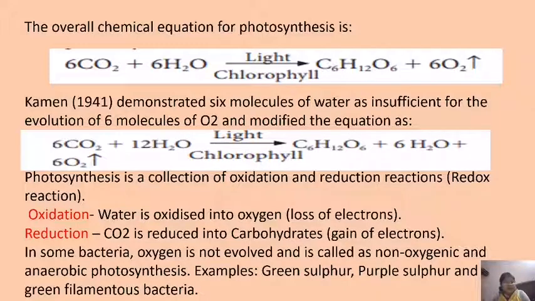In the next video I will clear all these pointers, because this is something where people miss it, and there is always a doubt in their mind why it is writing 12 molecules of water and only 6 molecules of oxygen is being released. What is the reason behind it? I will try to cover it in my next video, where I will deal with cyclic and non-cyclic photophosphorylation.